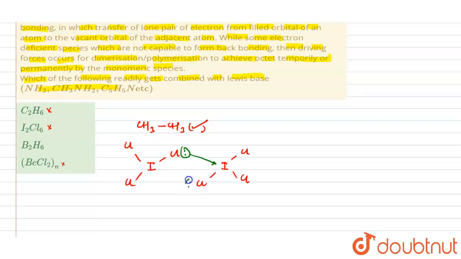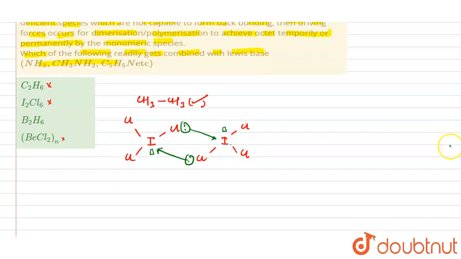Here also the same scenario will be there. The lone pair of this chlorine will coordinate with this iodine, because a vacant orbital is present on the iodine. So this iodine has already completed its octet and does not have a vacant orbital to gain from this Lewis base. So this will not react as well. That is not the answer.